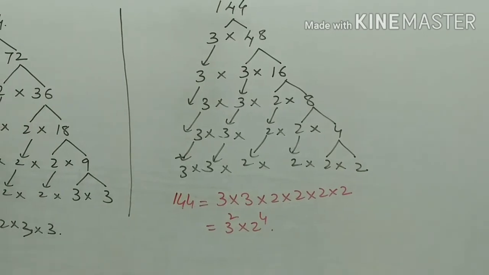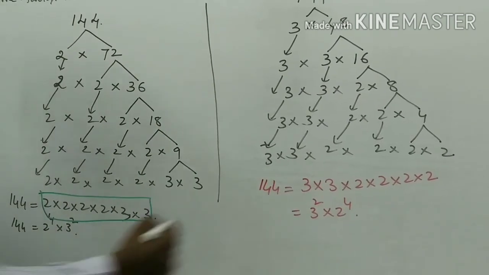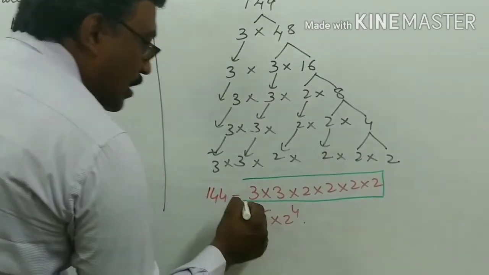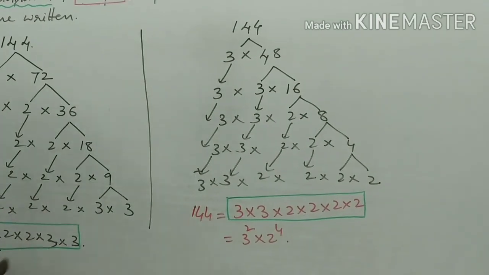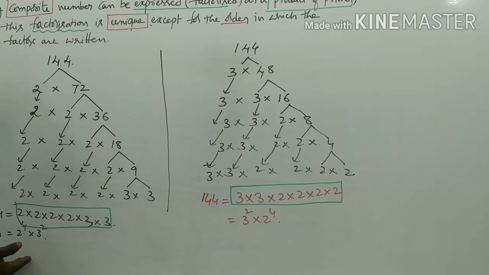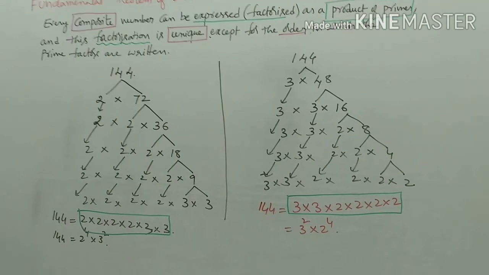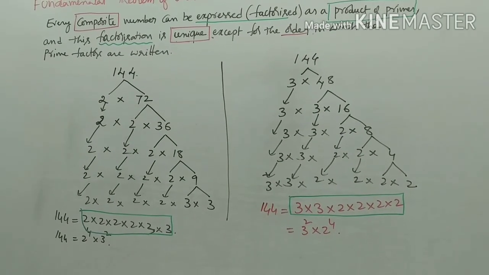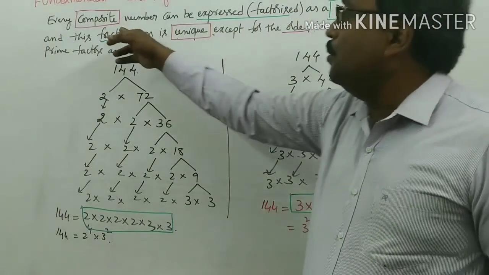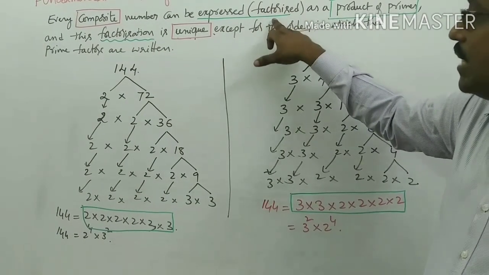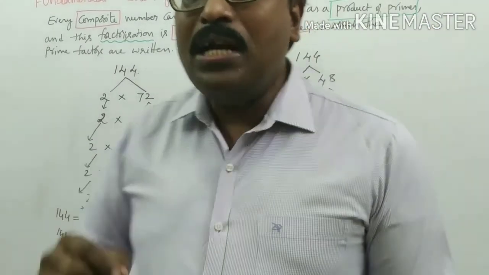See, here the order is 2 into 2 four times and then 3 into 3, and here it is 3 two times and 2 four times. So this factorization is unique except for the order in which the prime factors are written. It is very clear that if any composite number is given to you, you can express or factorize it in this way. This theorem is known as the fundamental theorem of arithmetic.